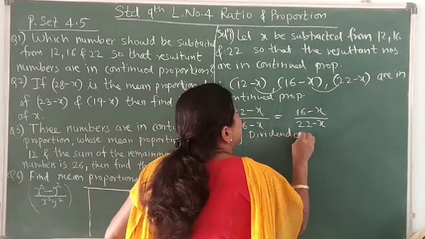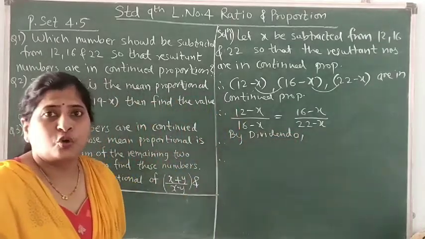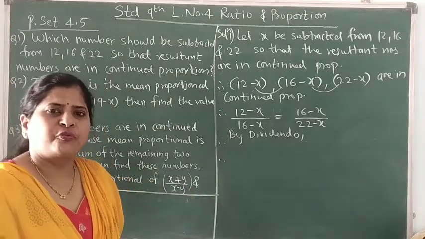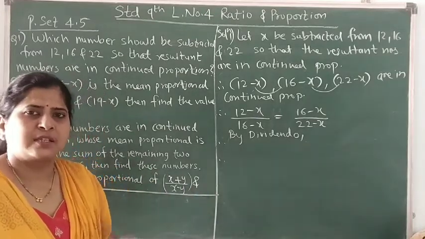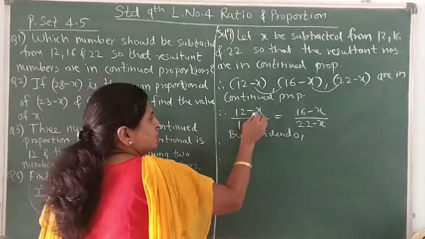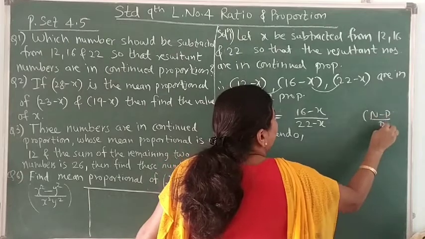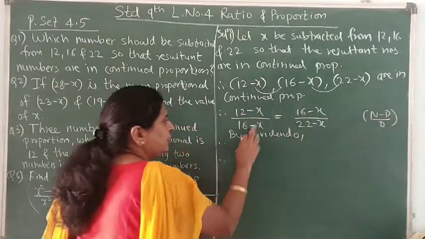Dividendo is one of the operations on equal ratios. If you have not watched my video on the operations on equal ratios, you can certainly watch that. So what is dividendo? In dividendo we do numerator minus denominator upon denominator.